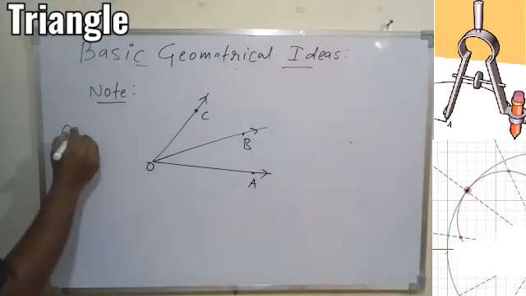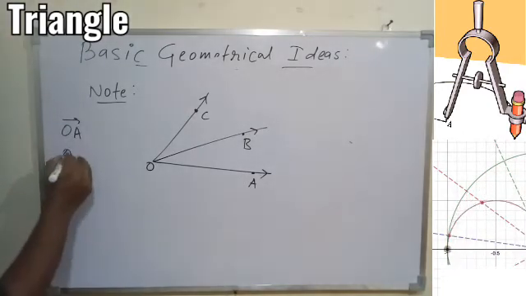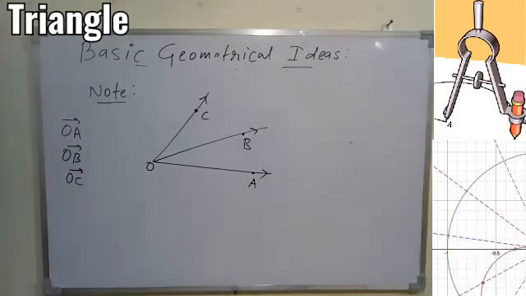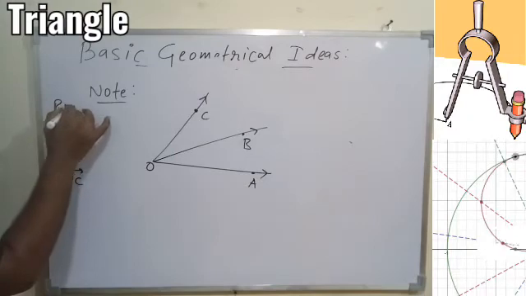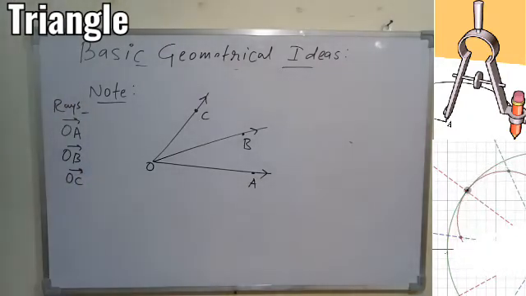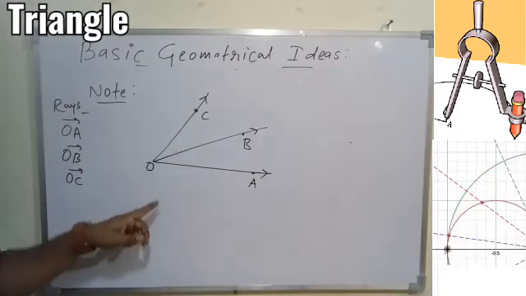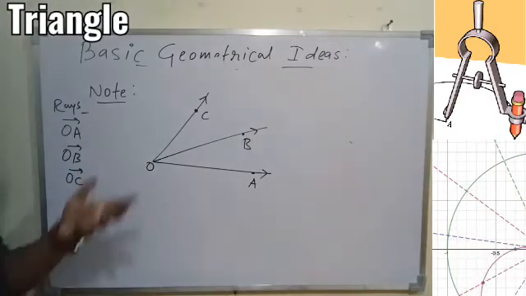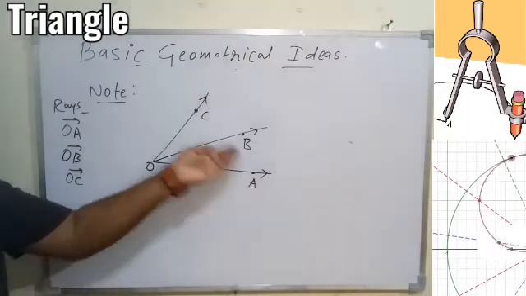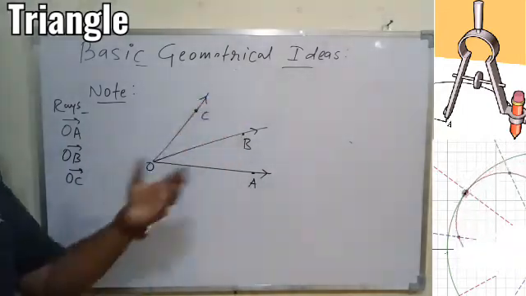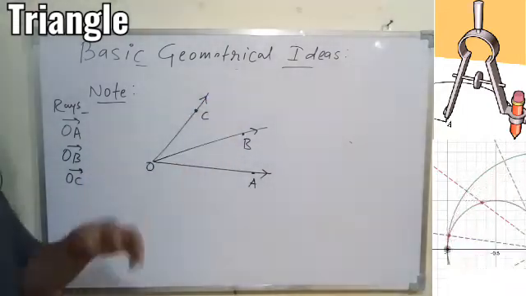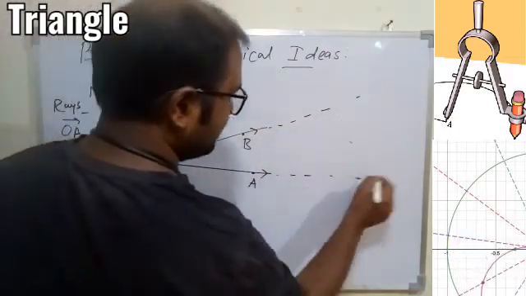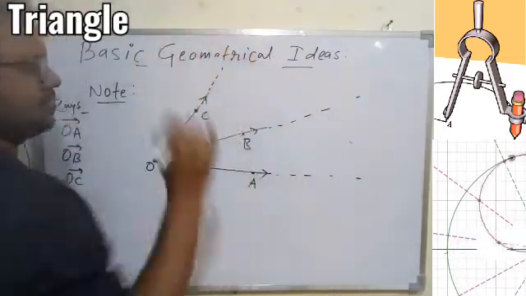Here you have the very first ray OA, OB and OC. These are the 3 rays we are able to see here. I think there is no doubt, because all 3 have the initial point O, which is common, and on the other side there is no limit; they go on for infinite distance.